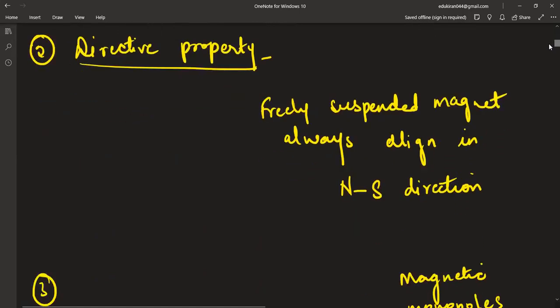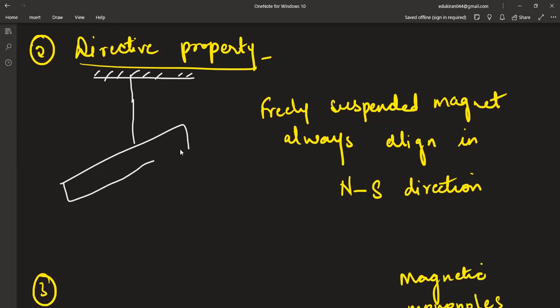Directive property means, suppose I have a bar magnet. This is the free end of a string and I have taken a bar magnet. Freely suspended bar magnet.